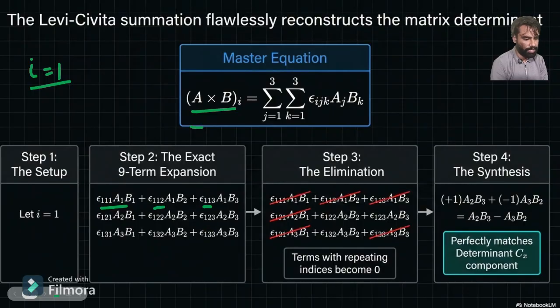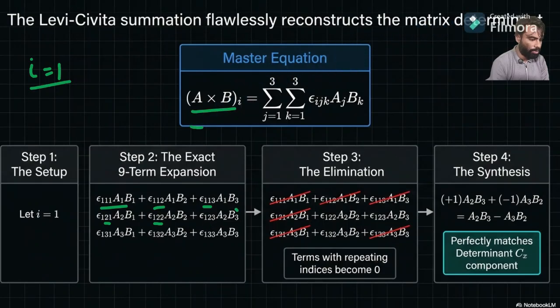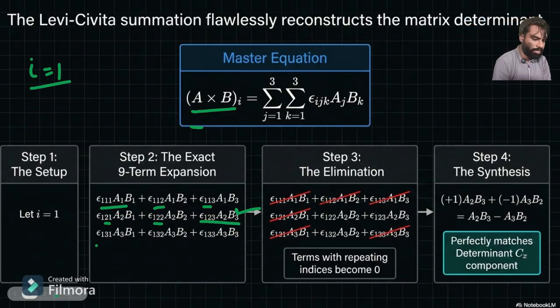Here too it is repeated, 2 times 1 is repeated, 2 times 2 is repeated. Epsilon 1 2 3 a2 b3 is not repeated, so it is one of our terms. 1 3 3 is also repeated, so we cannot do anything with it. 1 3 2 is another term that does not repeat. So our two terms are epsilon 1 2 3 and 1 3 2.